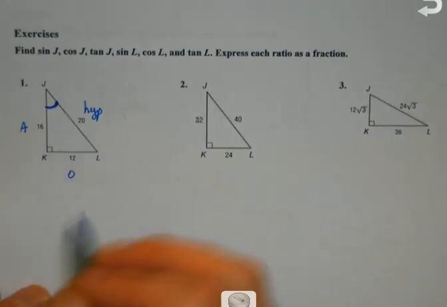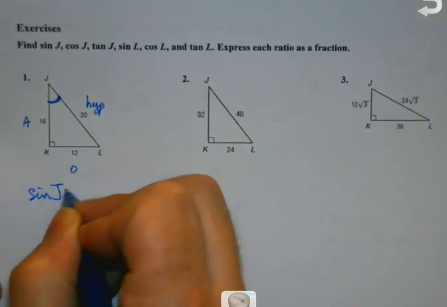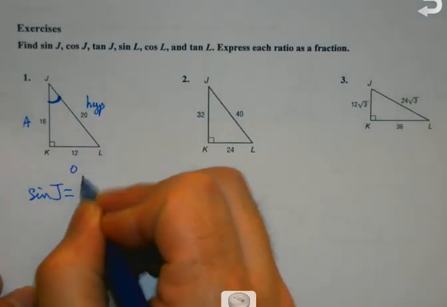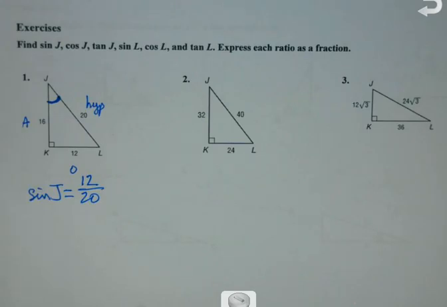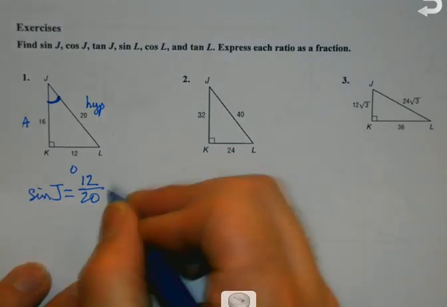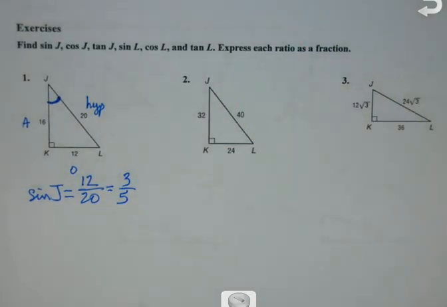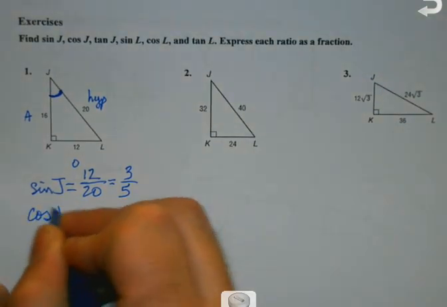Yes, you're ahead. This is good. So when I go to find the sine of J, it's opposite over hypotenuse. But like Rena just mentioned, if you can reduce the fraction, you should. These are both divisible by 4, or you could do math enter and get it to its simplest form. Especially when we start solving stuff, the smaller the numbers we can get, the easier it's going to be.